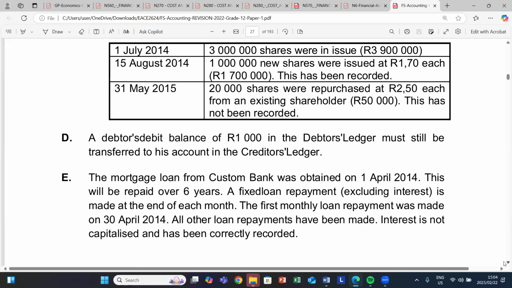What is a debit balance in the debtors ledger? Let us do our debtors ledger. Debtors ledger is the debtors control, right? It's an asset.